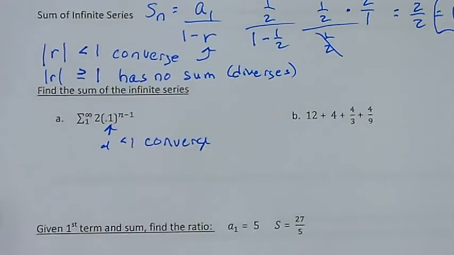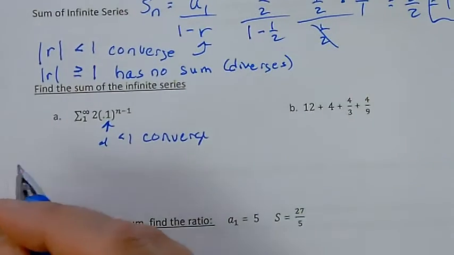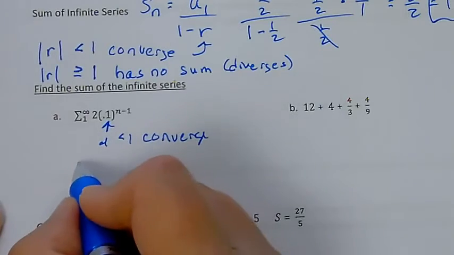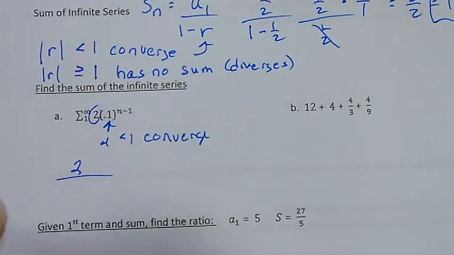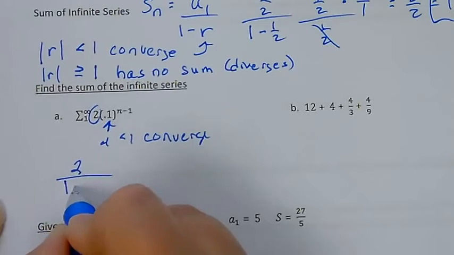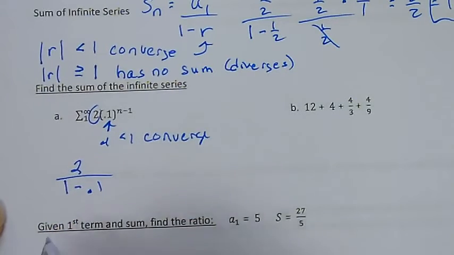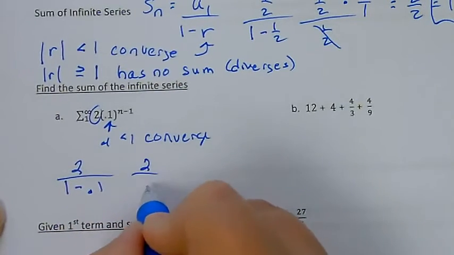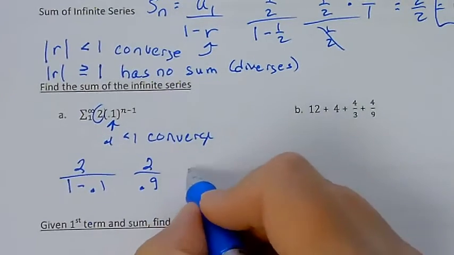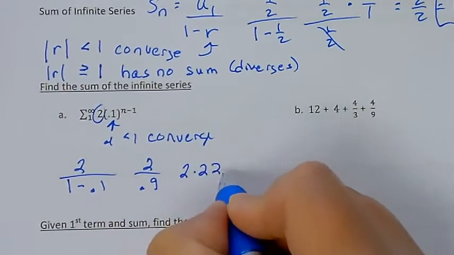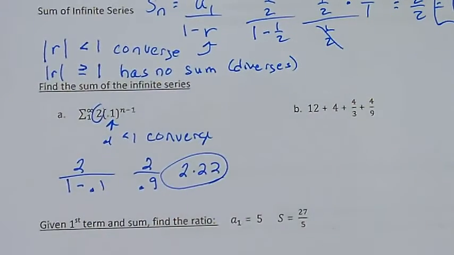I find where it converges by taking the first term, which is 2, because the first term will always be this number, divided by 1 minus 0.1. So 2 divided by 0.9 is 2.22. This one converges around 2.22 because we would be adding a number so small that it's not going to change. Let's look at the next one.